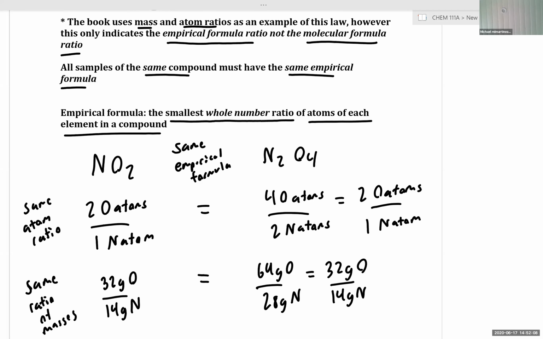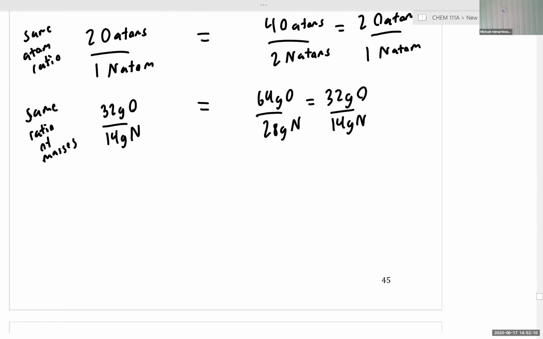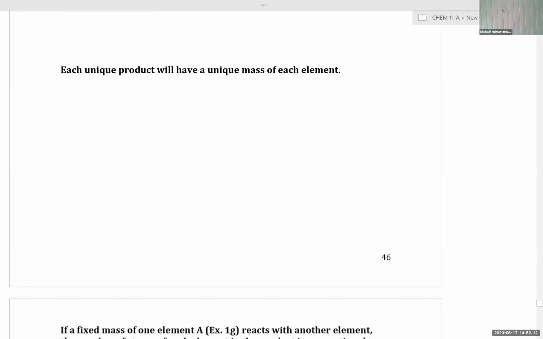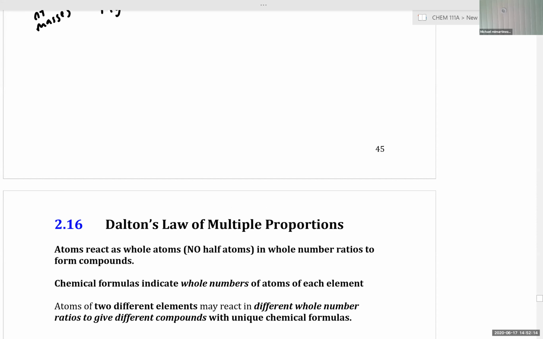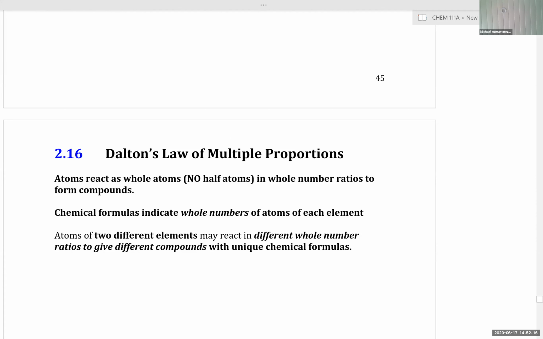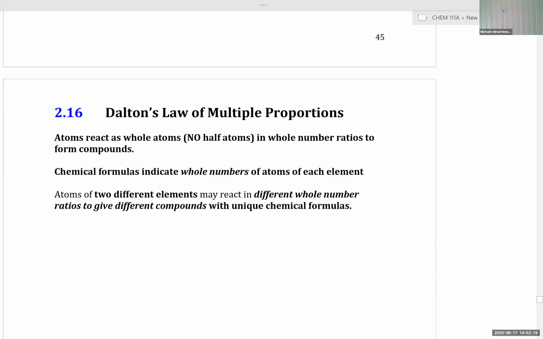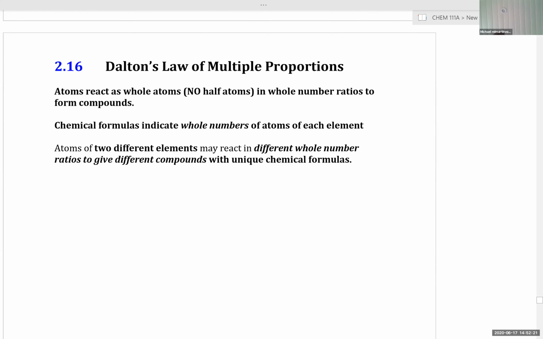Okay, so let's keep going now. Let's look at Dalton's law of multiple proportions. This concerns chemical reactivity. First, atoms react as whole atoms. There's no such thing as half an atom. That doesn't have any physical meaning.